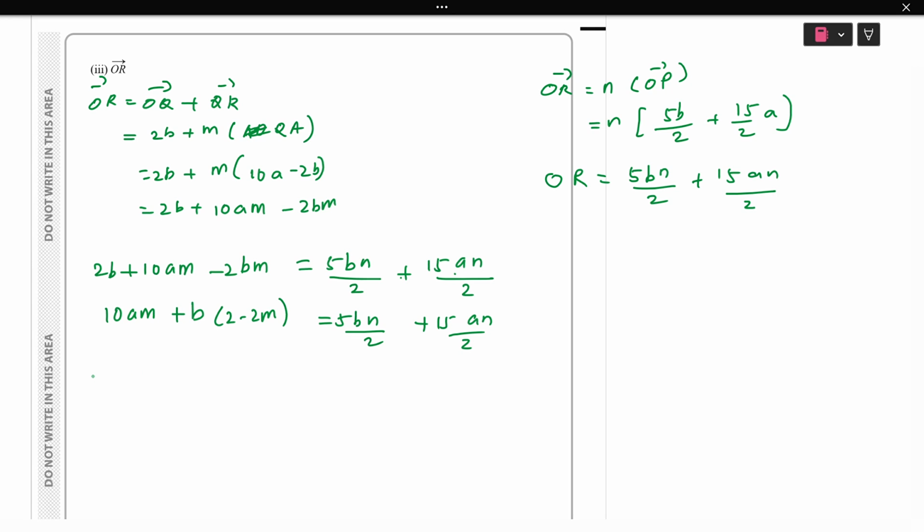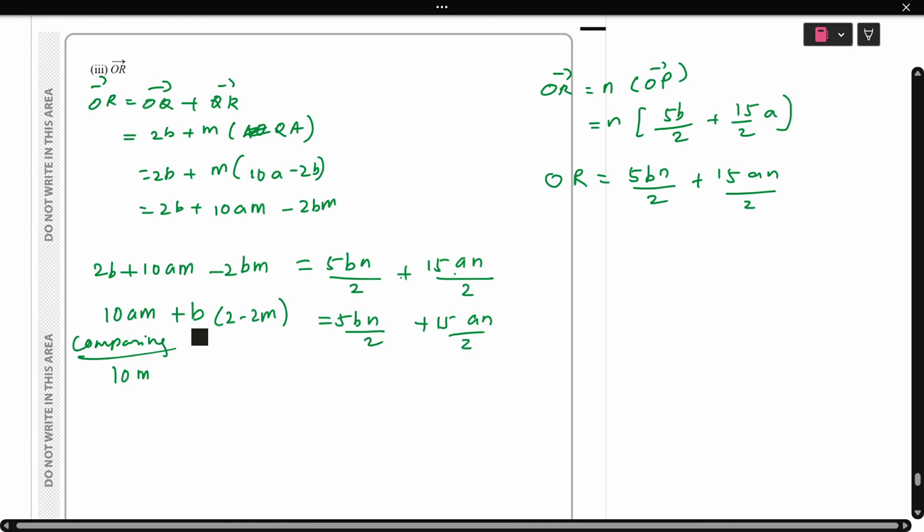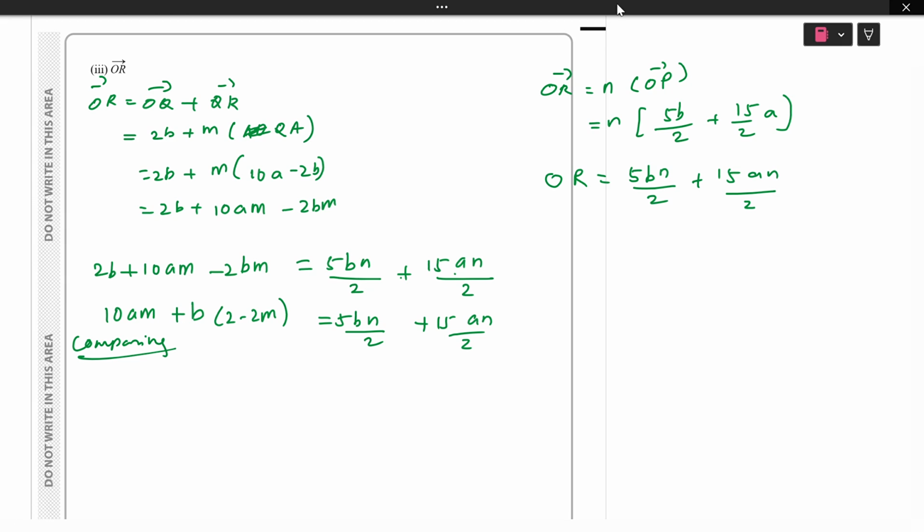When I compare the a terms, 10m equal to 15 by 2 n.